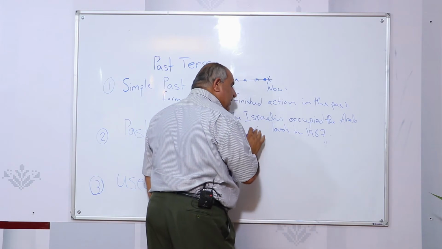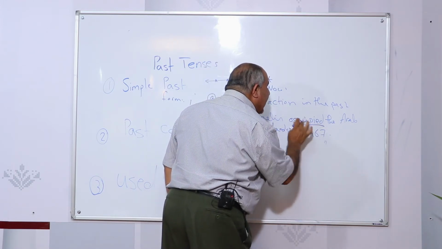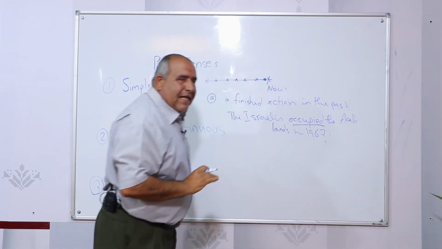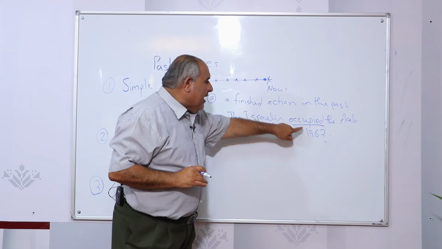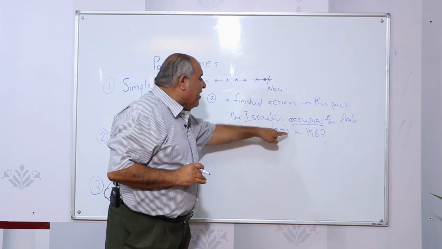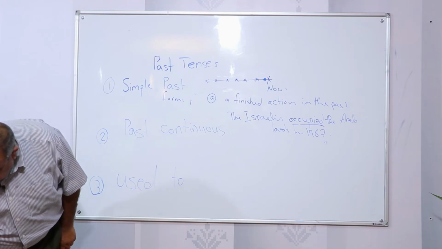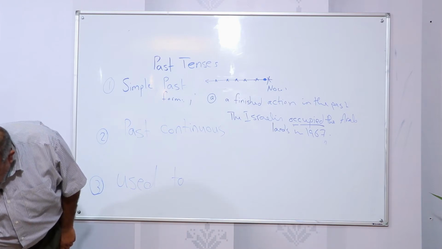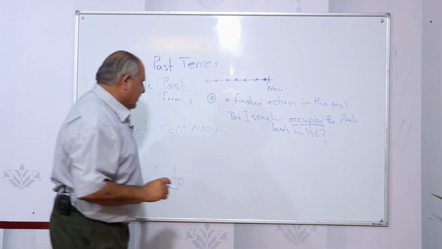Now in this case we talk about an occupation that began and finished. At that time in the past, occupying the Arab lands occurred by the Israelis.